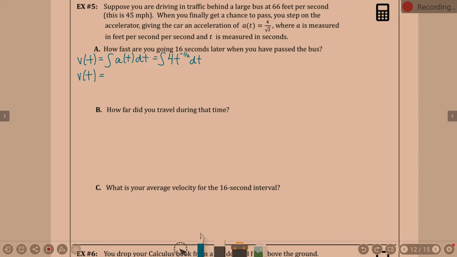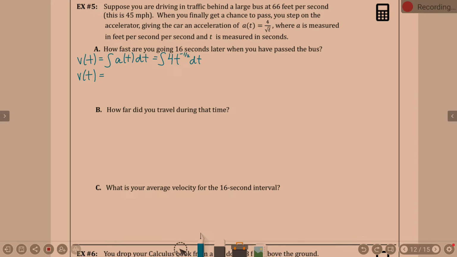Integral of 4t to the negative 1/2, or just forget the 4 for a moment. What's the integral of t to the negative 1/2? t to the 1/2 times 2. You add 1 to the power, getting 1/2. Dividing by 1/2 is multiplying by 2.